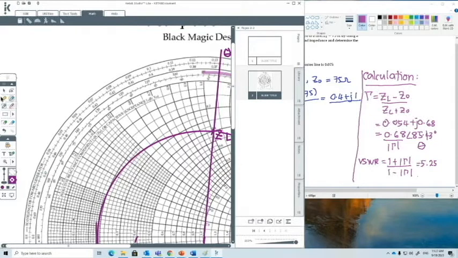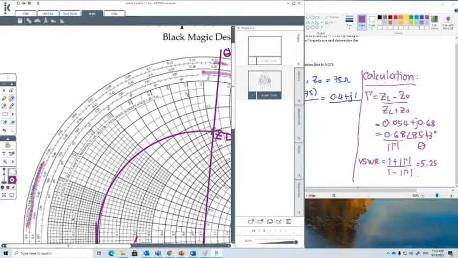Saya highlightkan kat sini, so you akan baca skala yang dekat atas ni. So it's here. So 0.13, this is 0.132.